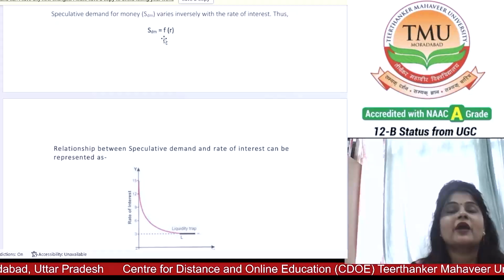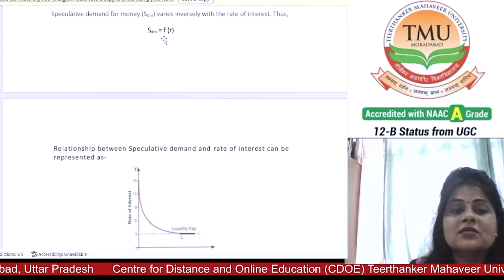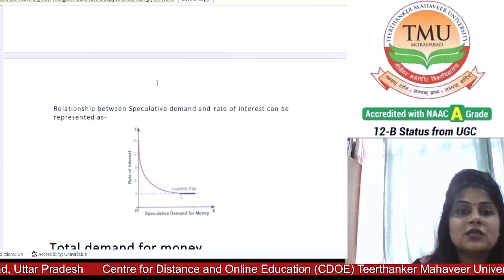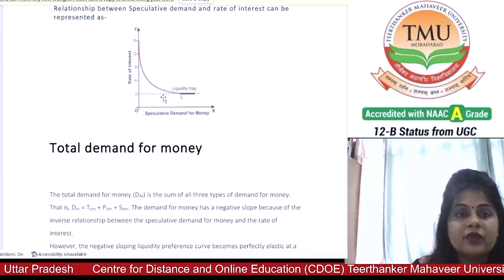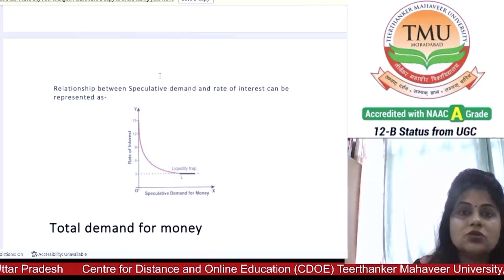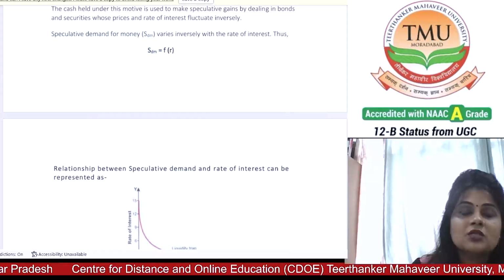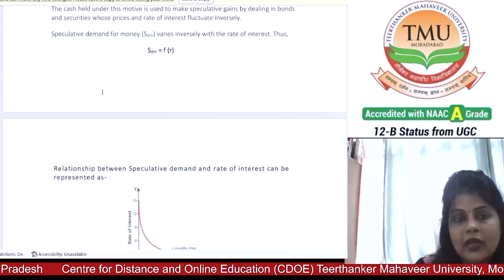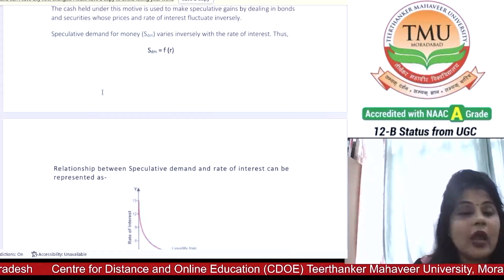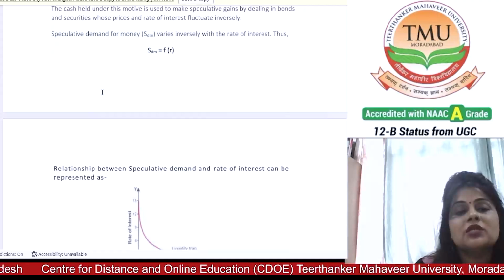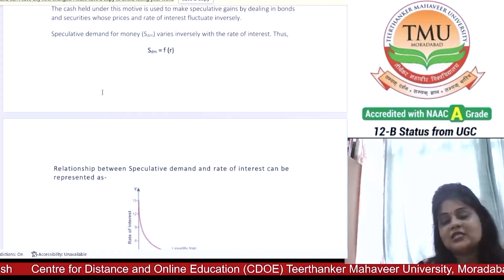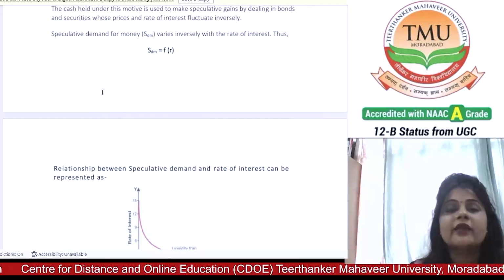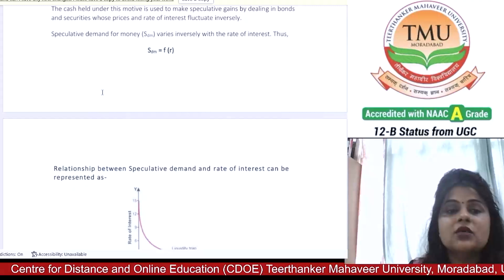So Keynes explained speculative demand for money as M2, which is equal to L2, speculative demand for money, and R is the rate of interest.